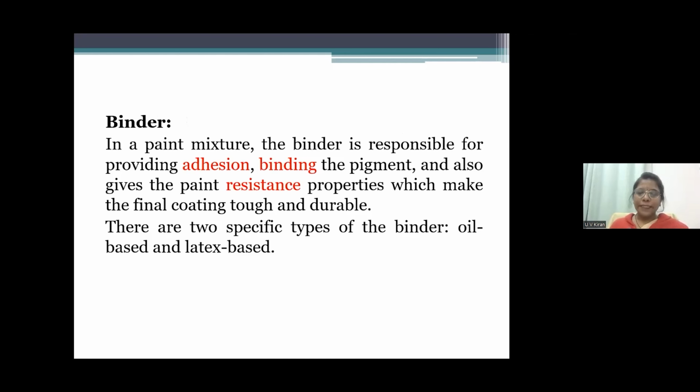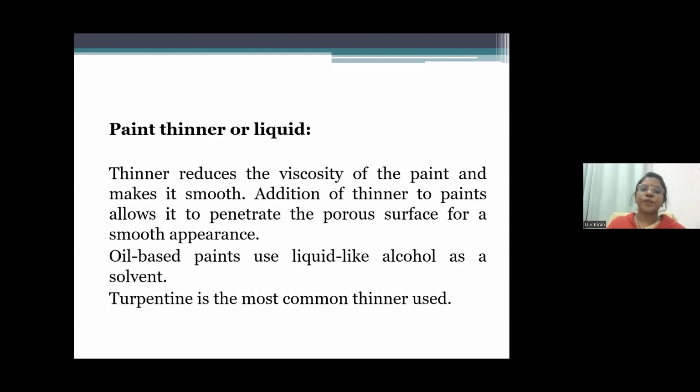The binder is responsible for providing the adhesion, and it also provides resistance properties so that the final coating will be durable and tough. There are basically two kinds of binders generally used, oil-based binder and latex-based. The other component is paint thinner or liquid.